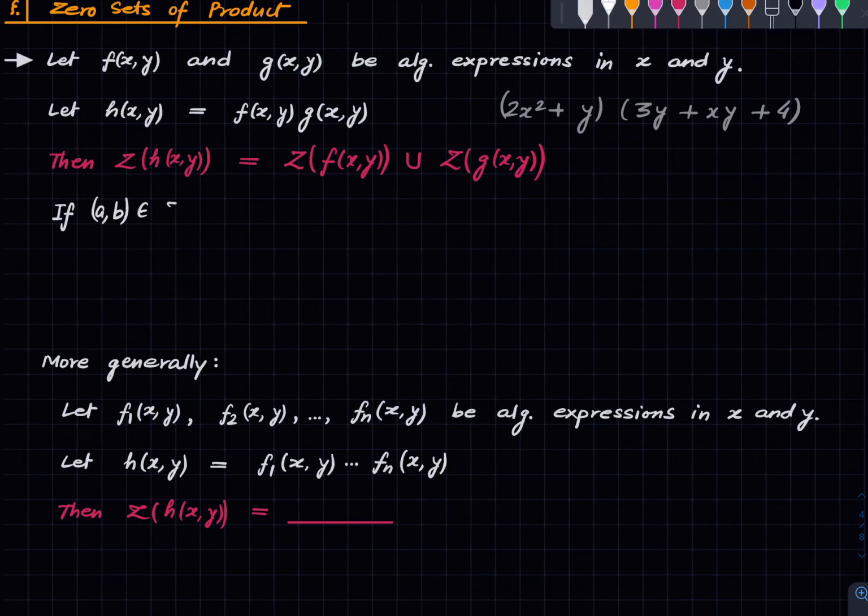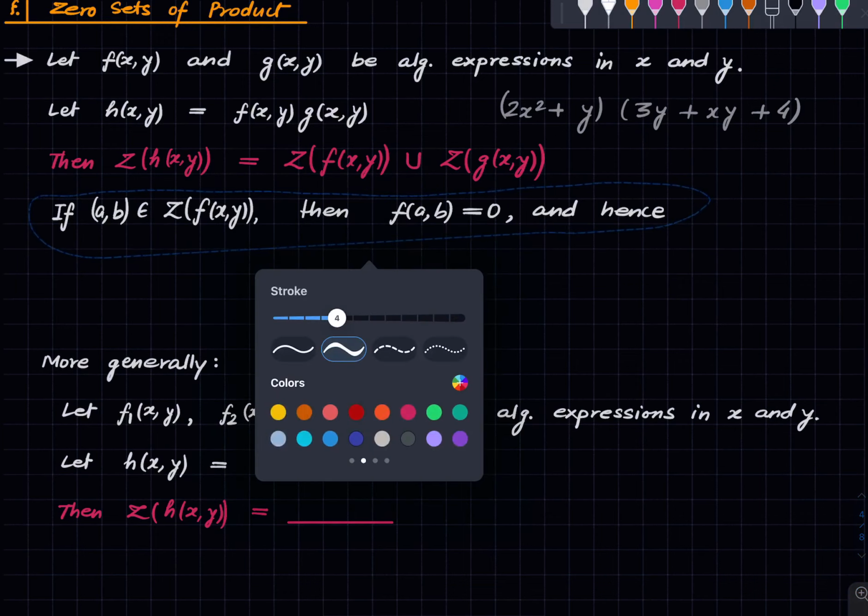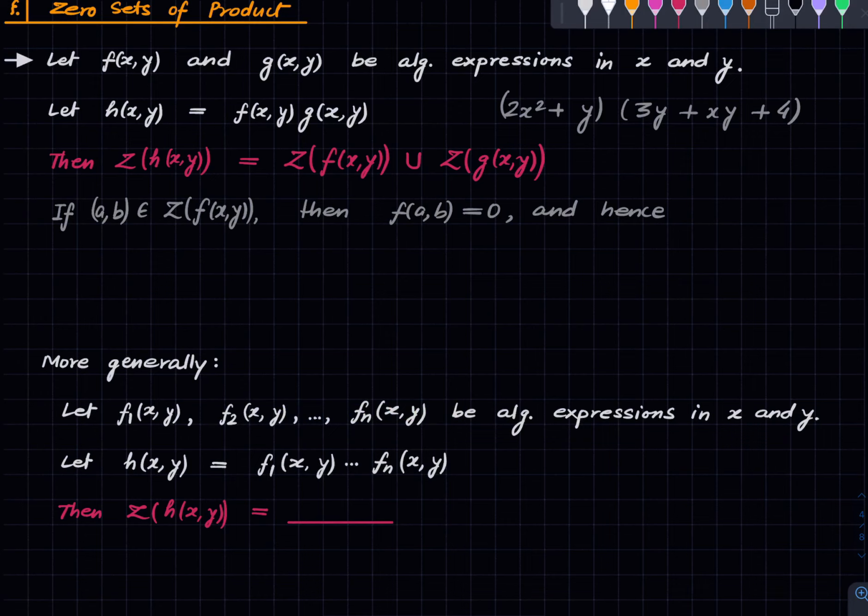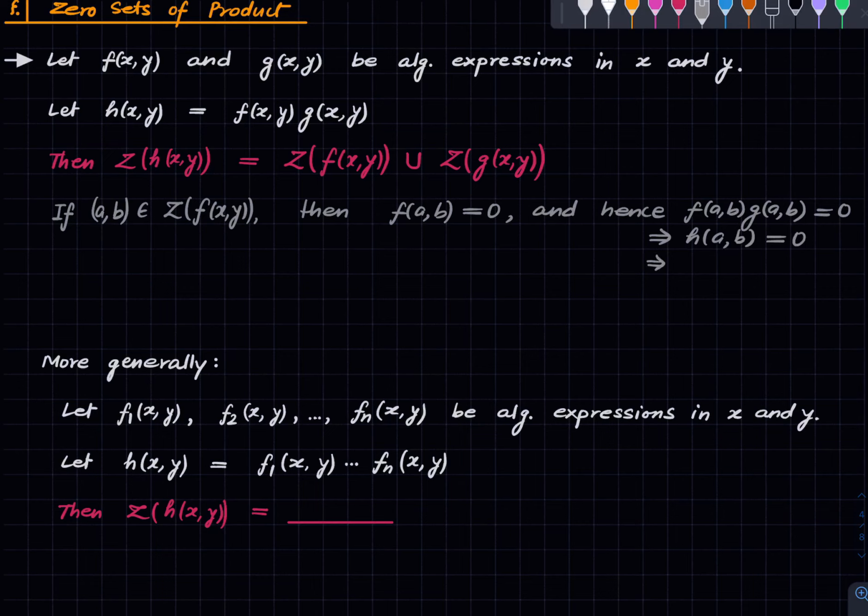Suppose (a, b) lies in the 0 set of f, then by definition this is 0, and hence, maybe I should use a different color for this, and hence this product is also 0, which means this is 0 by definition of h, which means this point (a, b) lies in the 0 set of h, right? So if you have something in the 0 set of f, then it lies in the 0 set of h.